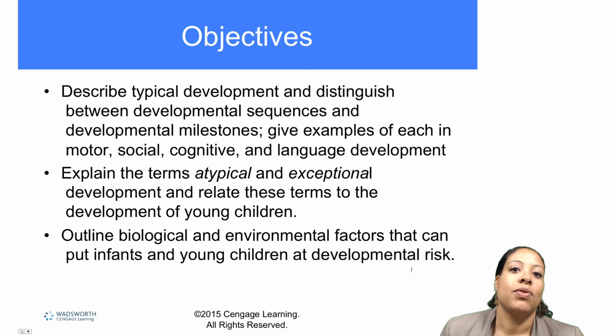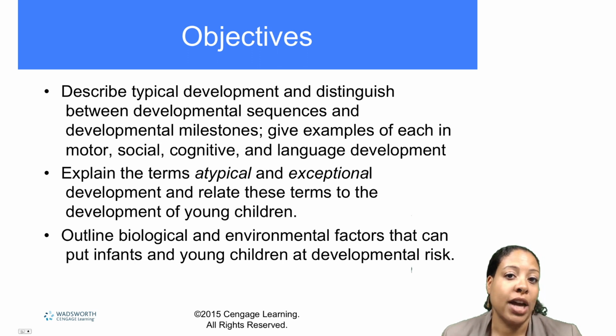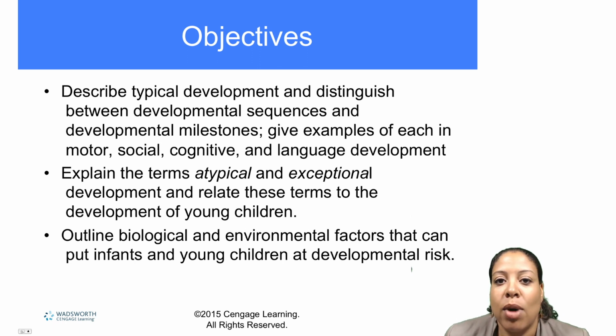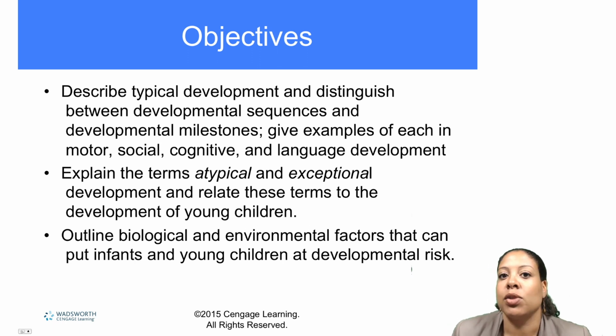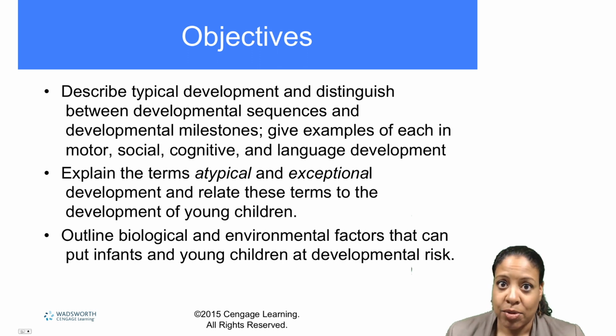So the objectives for this particular chapter are the following. I want to give you a strategy that I think is really helpful for information processing. At the beginning of each chapter, not just for this class, but I would recommend for any of your classes, look at whatever the learning objectives or goals are. Take a look at each one and think about what it is that I already know about this topic.